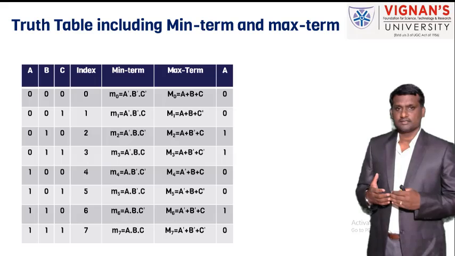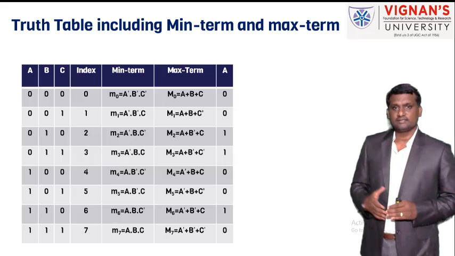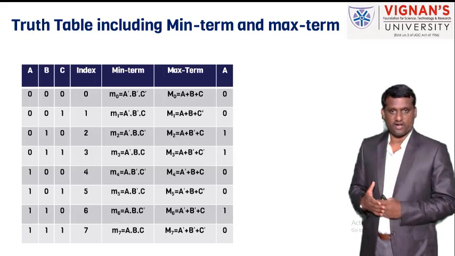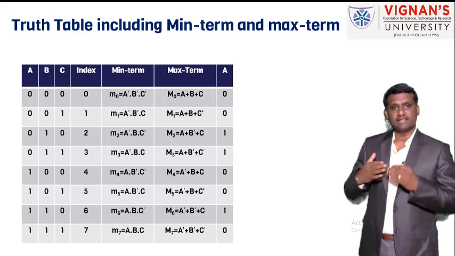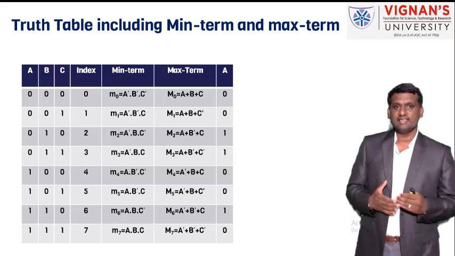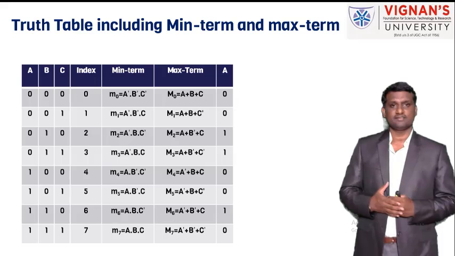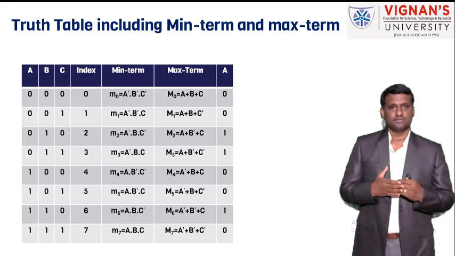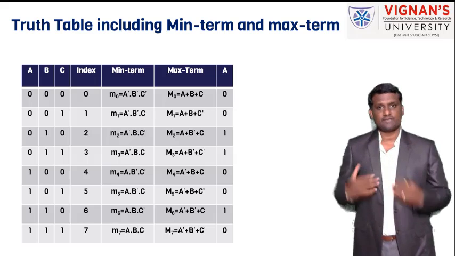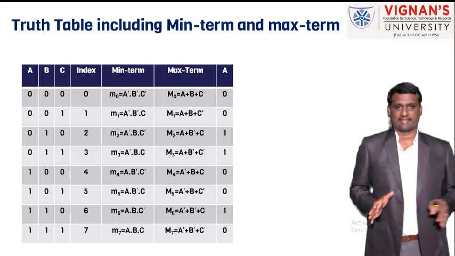If such a case is given, that means if the outputs are given, then in order to form the canonical or standard form, we should consider outputs of high as min terms and outputs of low as max terms. Otherwise, any term we can consider as a min term, any term we can represent as a max term.